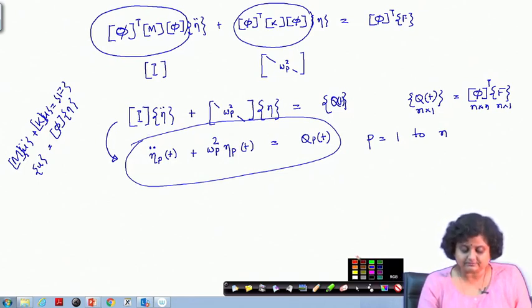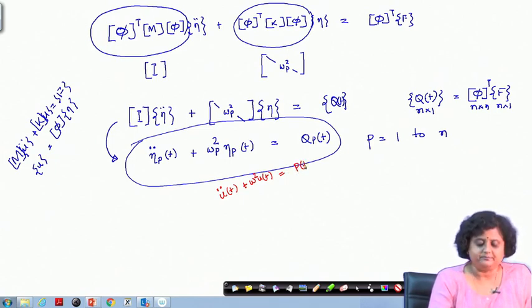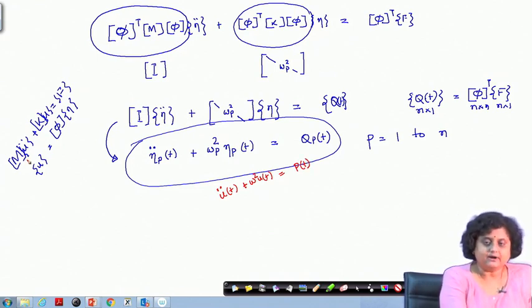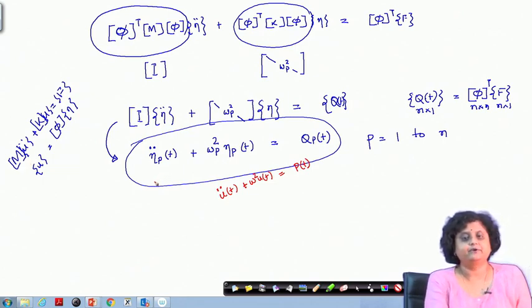So, this is analogous to u double dot t plus omega square u t equal to some forcing function, let us call it p t. So, I am actually converting a multi-degree of freedom system to a set of single degree of freedom systems.